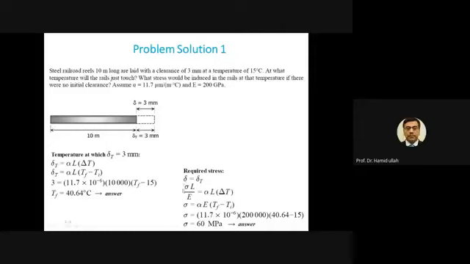So the motion of the body stops, and when the motion of the body stops, there will be a stress. And this stress because of temperature, we will call thermal stress. And you know the relation I have shown, alpha E del T, where del T is final minus initial. So again, one equation and one unknown, and the one unknown is what? Stress. So stress in this case will be equal to 60 megapascal. This is the solution for this one.